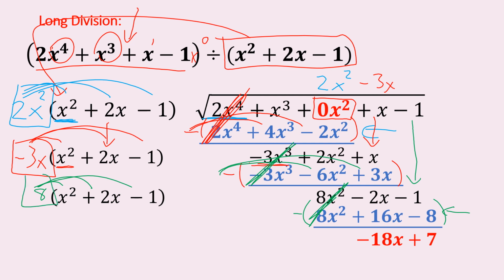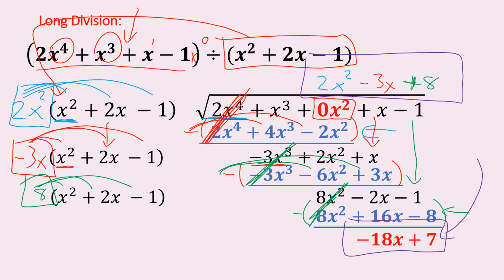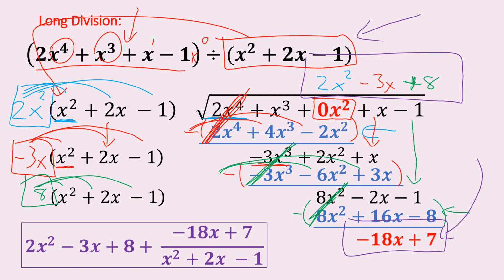So this 8 also goes up here. For our answer, it's what we have up top, 2x squared minus 3x plus 8, and this is the remainder. So this is left over, and it's still being divided by what we started with. So that is what our answer would look like.